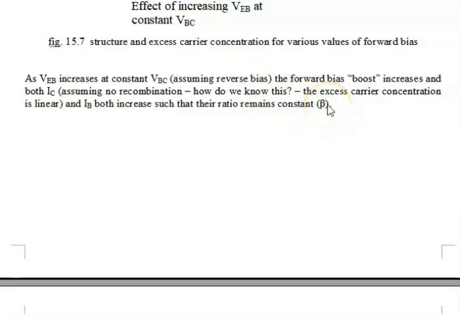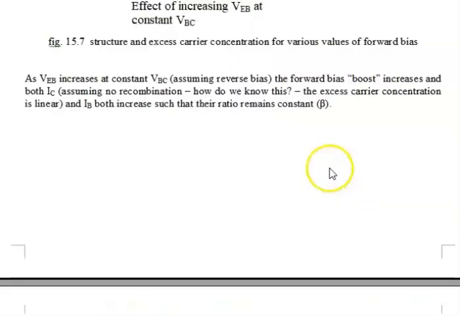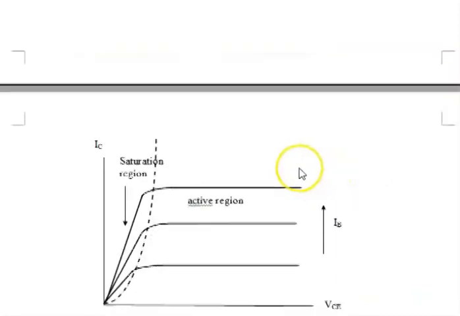For the standard, quote-unquote, standard doping, it's about 100, maybe a little bit more, but not too much more. There's no recombination. How do we know this? Because they're straight lines. If there was recombination, they would not be straight lines. They would at least partially have an exponential part to them.